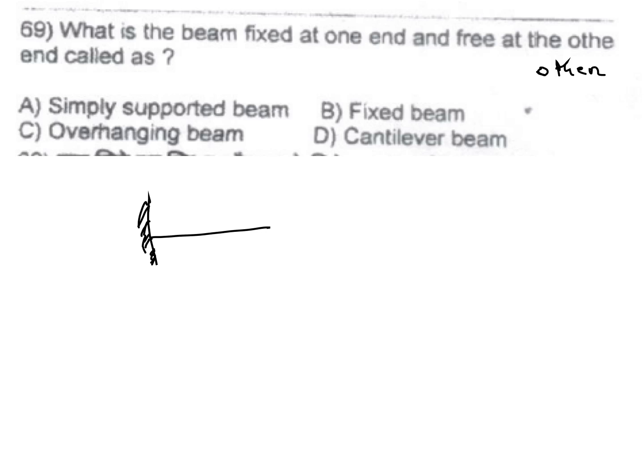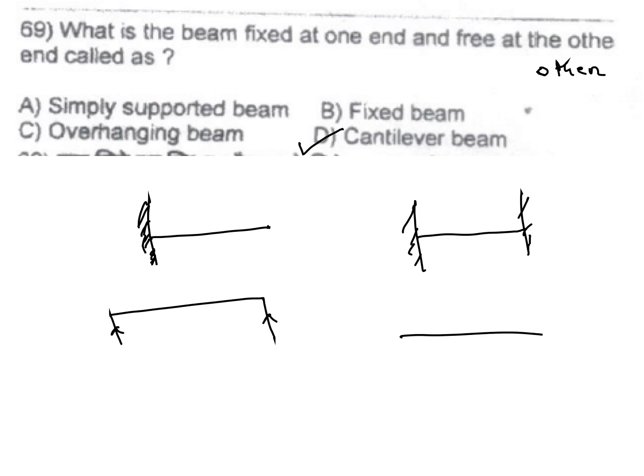Simply supported beam already discussed. And this is overhanging beam. Simply supported beam is this one, then B is fixed beam, then overhanging beam is C, D cantilever beam. So beam fixed at one end, free at the other end.